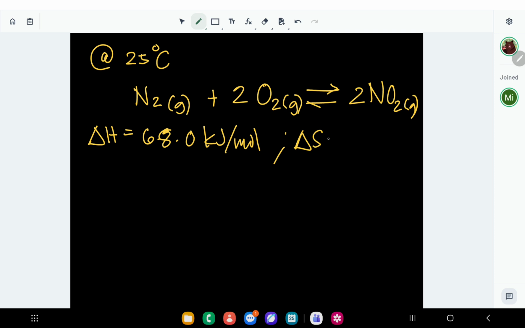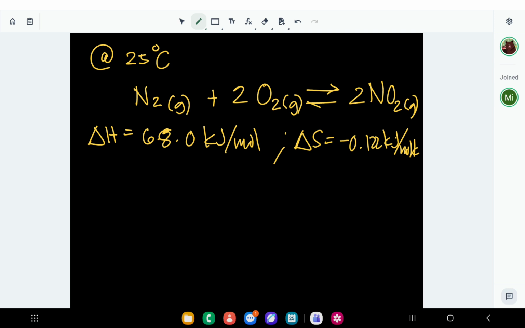Then delta S is equal to negative 0.122 kilojoules per mole Kelvin. Okay. We have to find delta G. Delta G is Gibbs free energy, right?